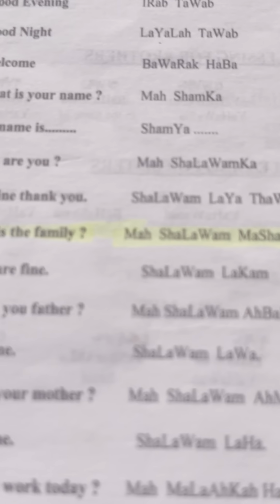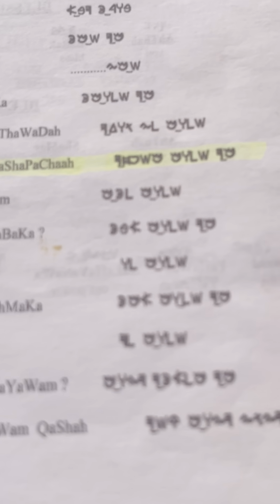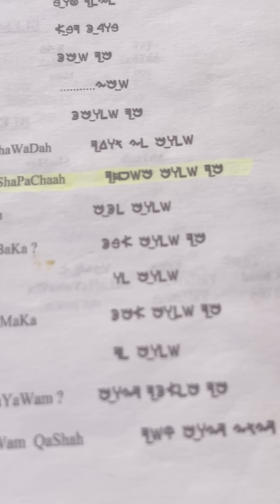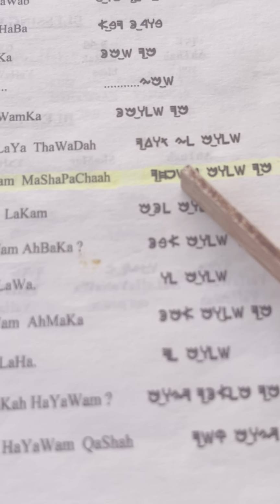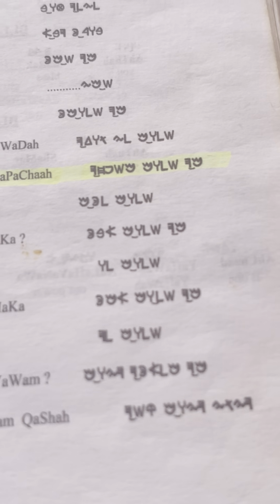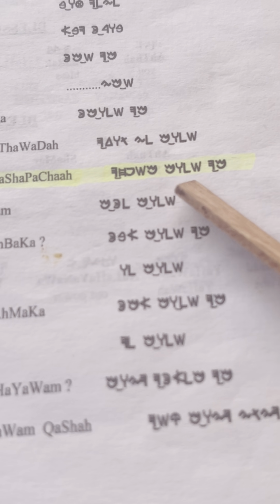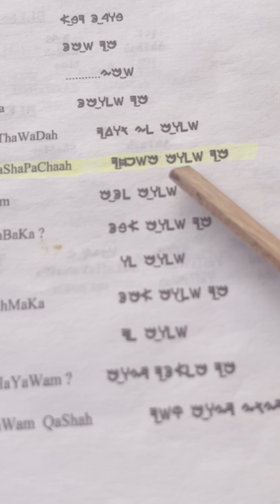And if they're going to say how is the family, so mah shlum hamishpacha. What is the condition of the family? And if we want to say your family, mah shlum mishpachatecha. In any case, we see evidence of the preservation of the U-class vowel as indicated by this vav.